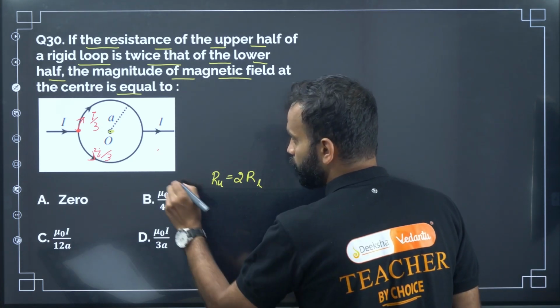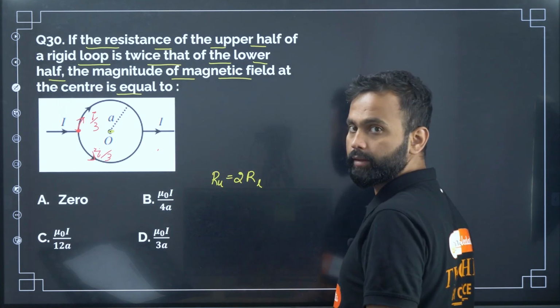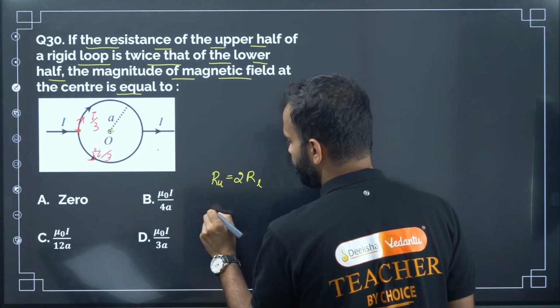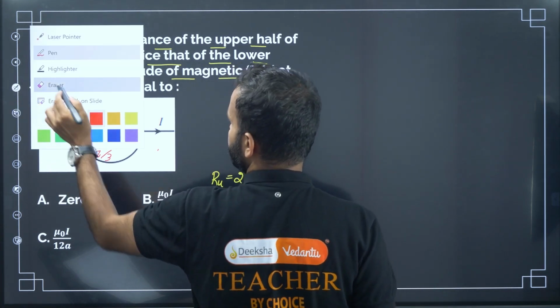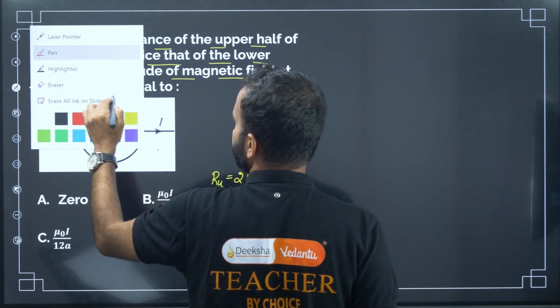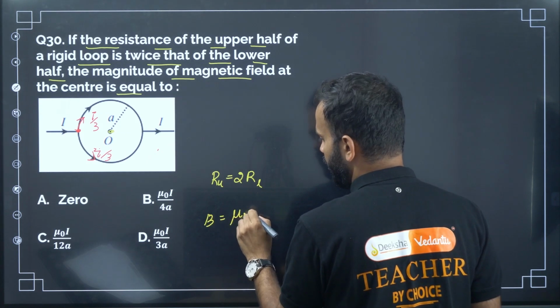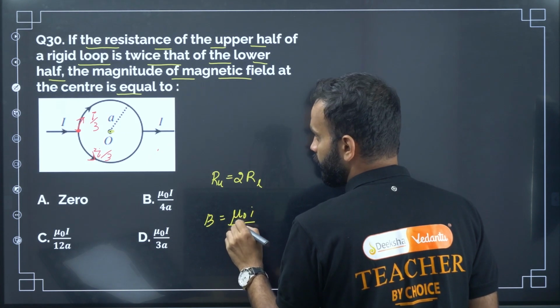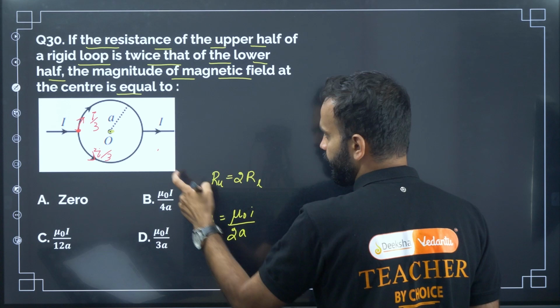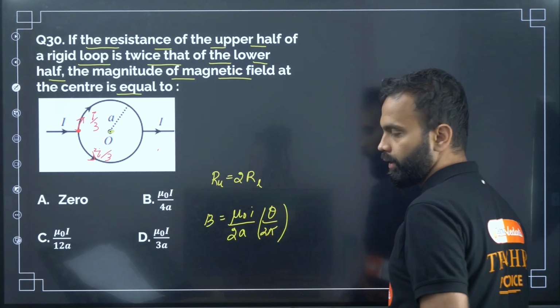Now the magnetic field due to a circular arc at its center will be B equal to mu naught I divided by 2R, here 2A, radius is A, into theta by 2 pi.